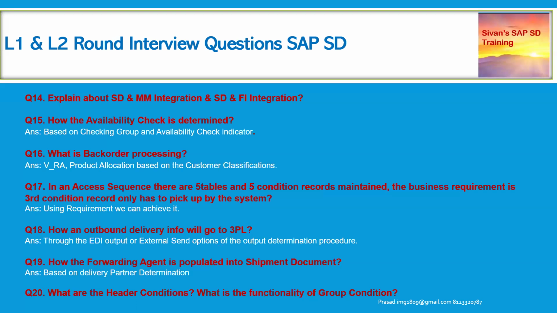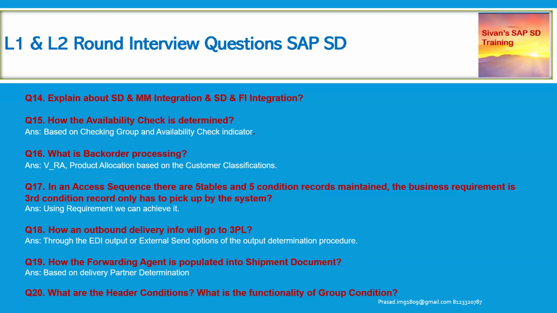Explain about SD and MM integration and SD and FI integration. For this, we need to be sure about the places where we integrate with each other. For example, SD and MM integration starts from the plant, which is defined by the MM consultant, where we assign the shipping point.